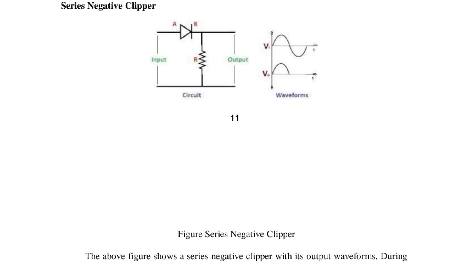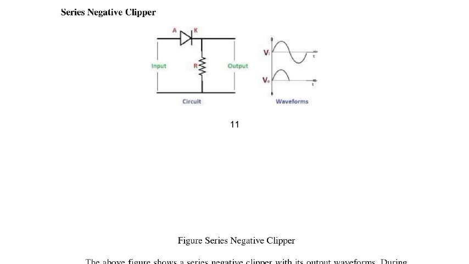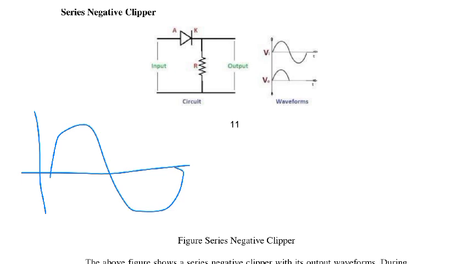We can understand this concept here. Suppose this is the input Vi that we have applied to this diode. During the positive half, the diode is ideal, meaning the voltage drop across it is 0.